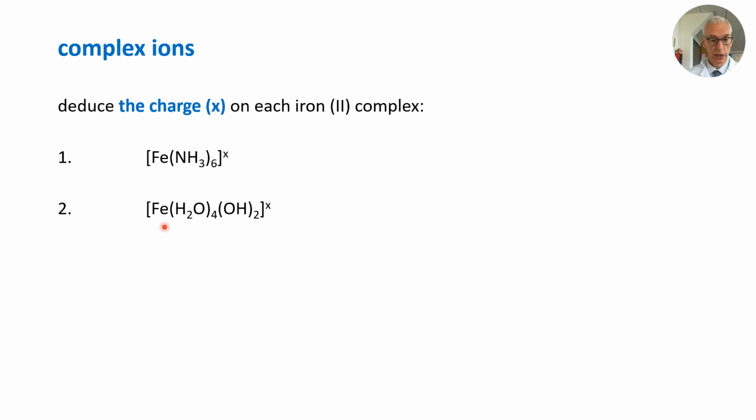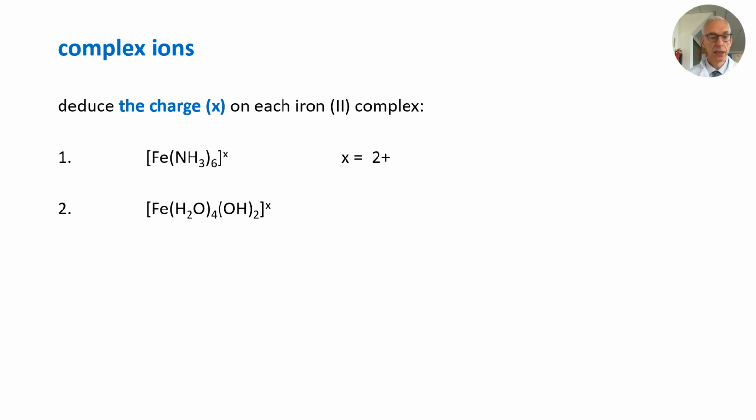Okay, so I'm going to go through the reasoning and reveal the answers. So the Fe ion here is a 2+ ion. Ammonia is a neutral molecule, so we've got 6 neutral molecules and 1 Fe2+ ion. Therefore, the overall charge on the complex is 2+.